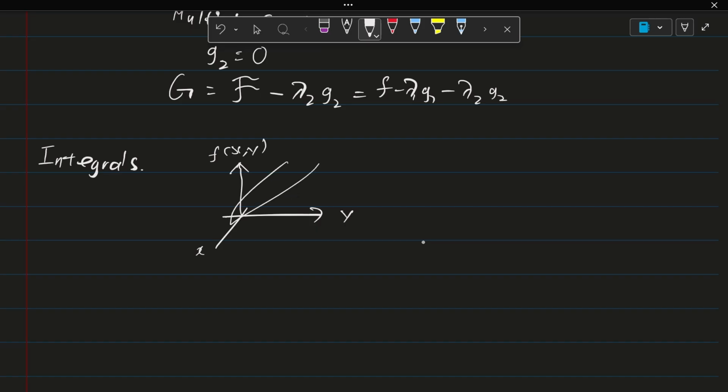And let's say it has a surface. If you are interested in a certain area, you could take small pieces of this area and sum them all up to get the volume. This notation could be written as the integral over your surface D of your function f(x, y) dx dy, because we're taking small changes in the x and the y. So this is the idea of integrals.